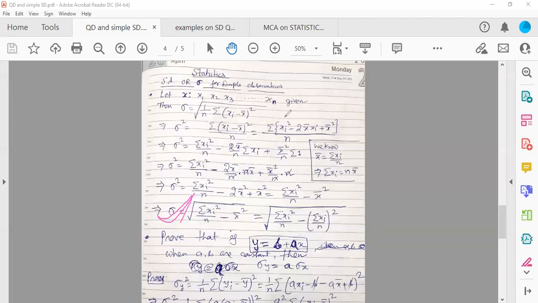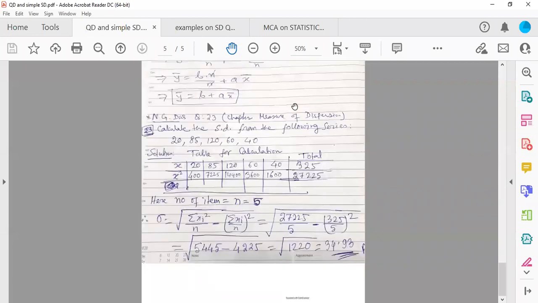Let's go for examples. First, simple observation case. Calculate the SD of the following series. I repeat the formula here so that you can understand: sigma equal to square root of summation x square by n minus summation x by n the whole square.